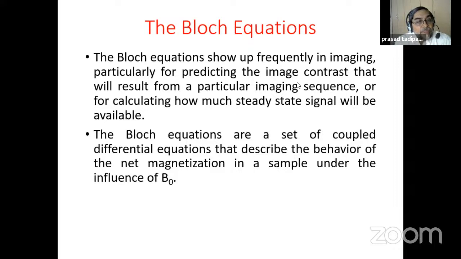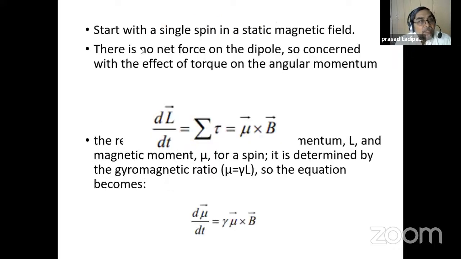These are coupled differential equations that describe the behavior of net magnetization under the influence of B naught, the applied external magnetic field. If you start with a spin in a magnetic field, there is no net force on the dipole, so we are concerned with the effect of torque on the angular momentum.